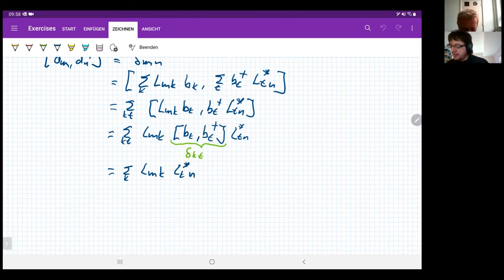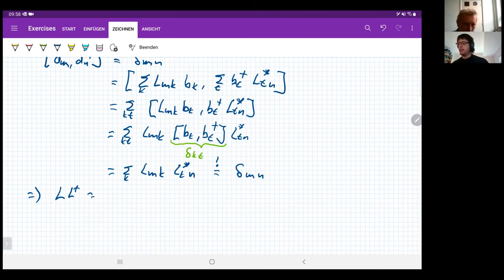And this is nothing else than the matrix multiplication of L with the complex conjugate and transposed matrix. And this needs to be the delta function, MN.